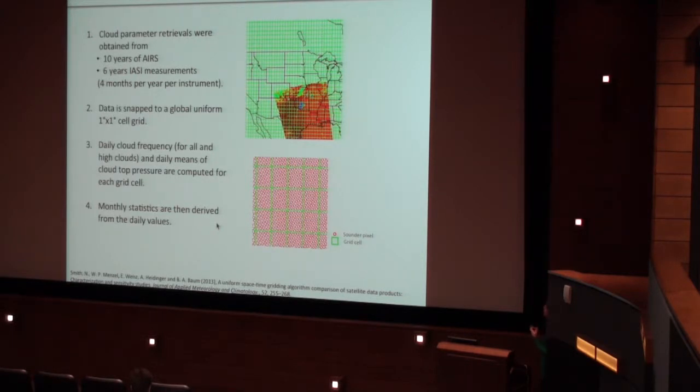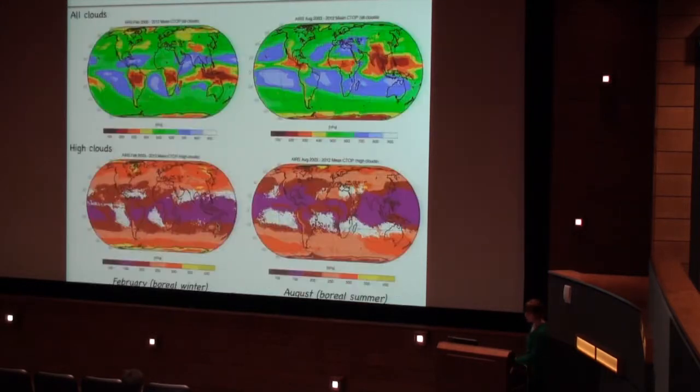So today I'm going to show you cloud frequency and cloud pressure retrieved from 10 years of AIRS, 10 years of IASI, and I also have one slide showing 6 years of CrIS measurements. We have processed 4 months per year per instrument so far. So we are using the space-time threading approach, Nadia is describing in this paper down here. We snap the data to a global uniform 1 degree grid, then we calculate daily means for each cell, and from the daily means we calculate the number of means. And that's what you can see here.